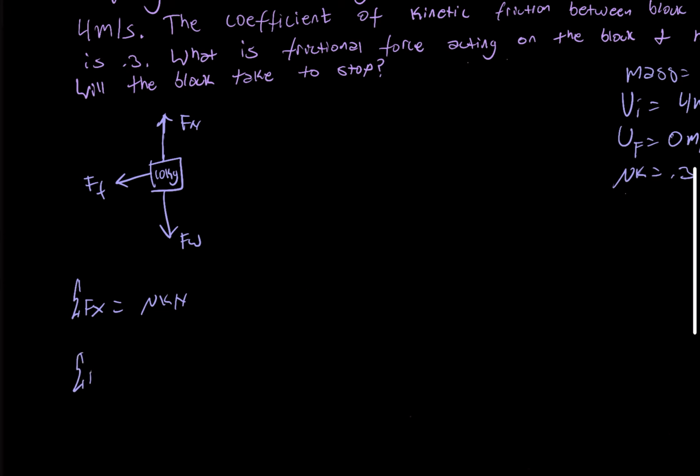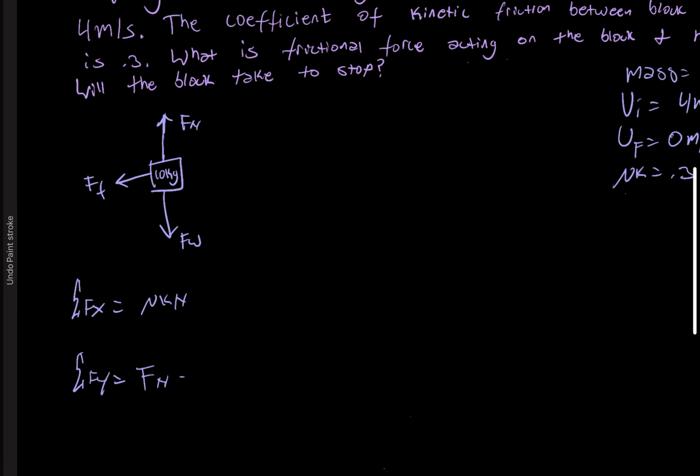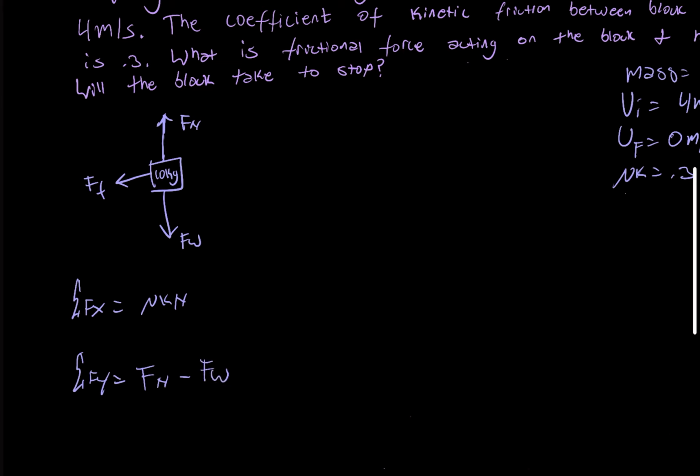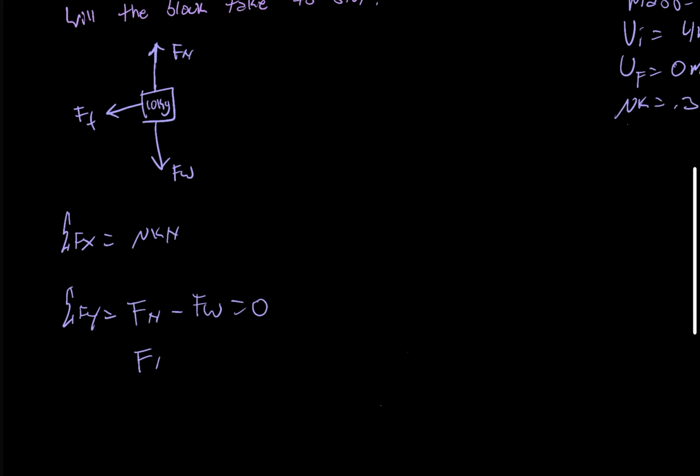So let's do our forces in the y. So we have positive normal force, and then we have negative the force of the weight. And then there's no acceleration in the y, so it's 0. So we can write this equation as normal force is equal to the force of the weight.